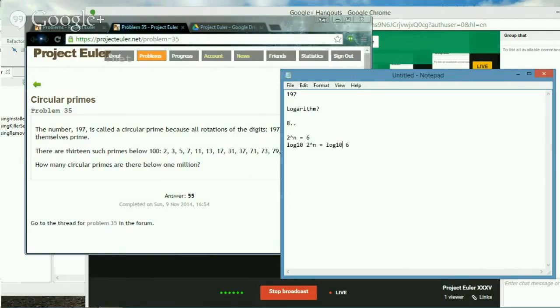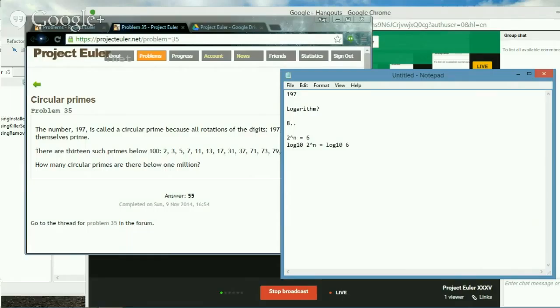It doesn't matter which log you use. You can use log base 2 or log base 8, as long as the value from both sides is the same. If you add log base 8 to the left side, then you should add log base 8 to the right side to maintain the equality. For convenience, I just use log 10.